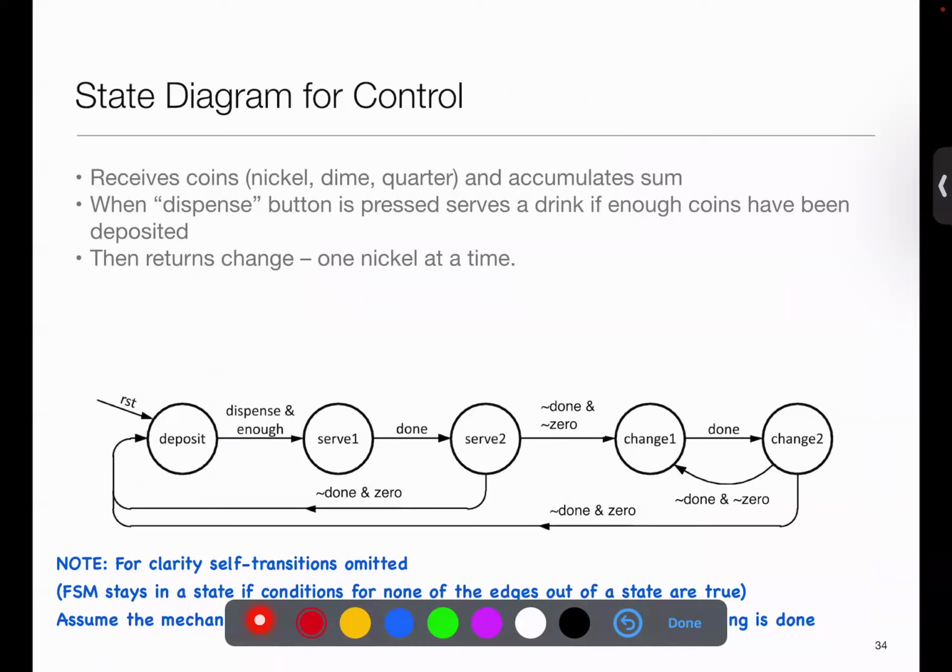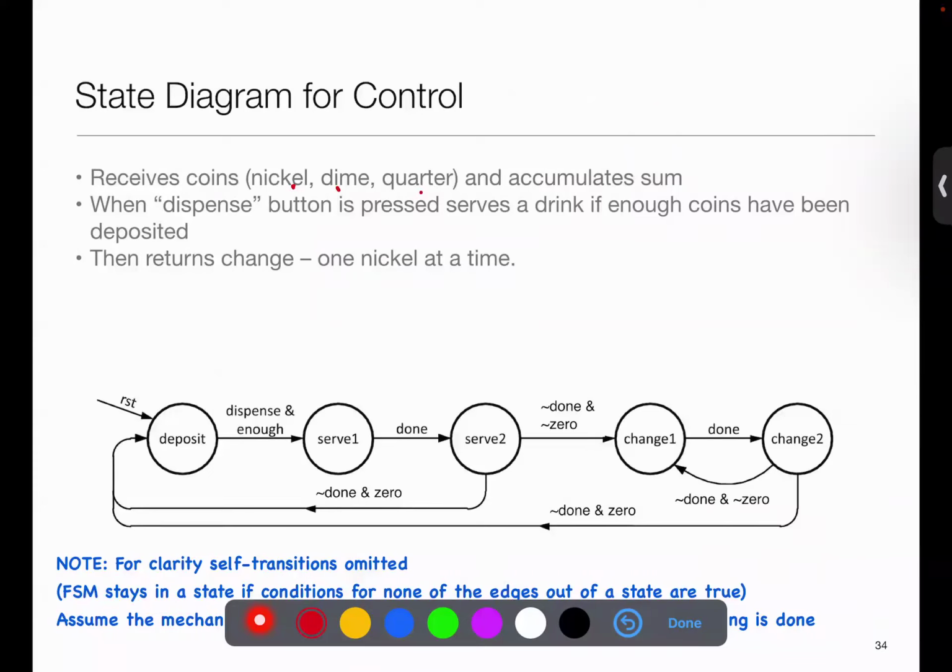I'm receiving coins. You can think of the act of receiving a coin as an event of some form, right? We have to track it. If you noticed, nickel, dime, and quarter are all multiples of 5. So maybe I can just get away with things in terms of nickels: a dime is 2 nickels and a quarter is 5 nickels.